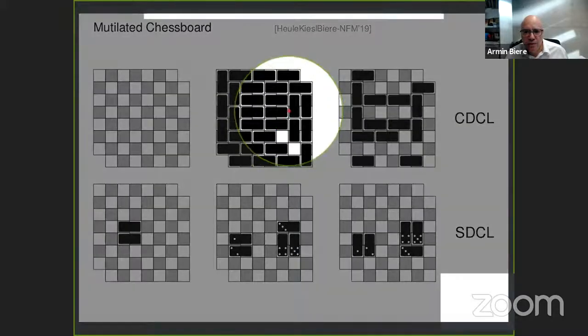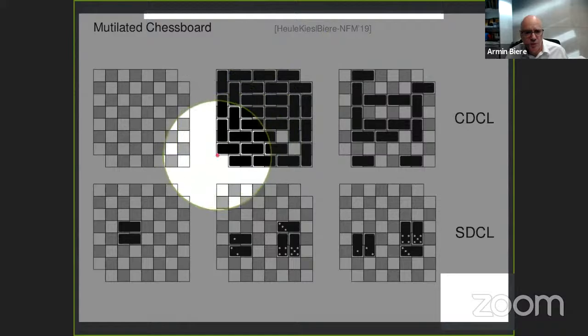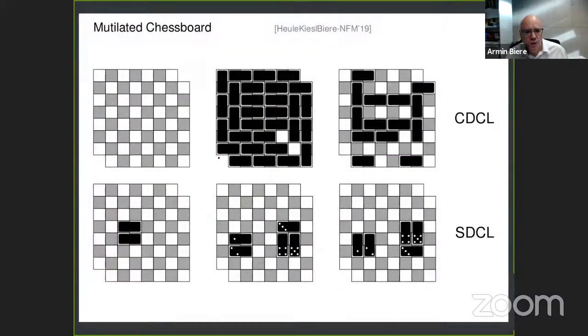However, we have the two corners of the same color removed, and therefore a covering which would cover all of them would violate this invariant.